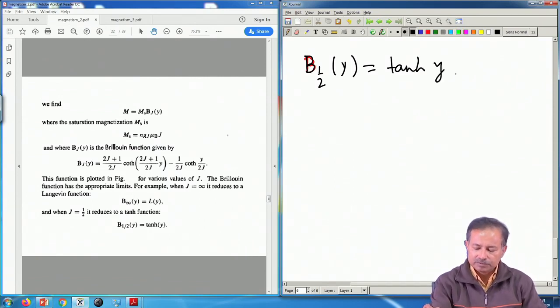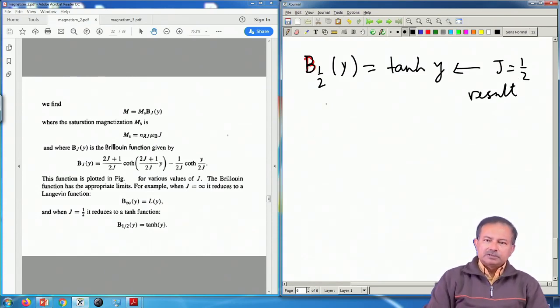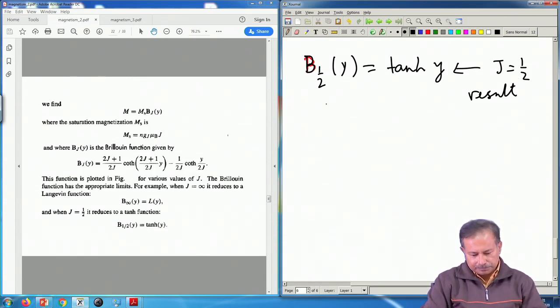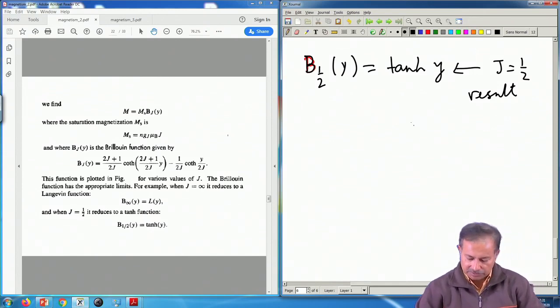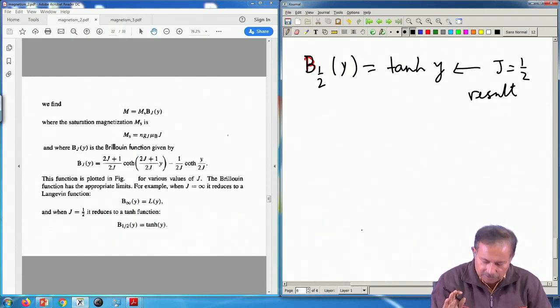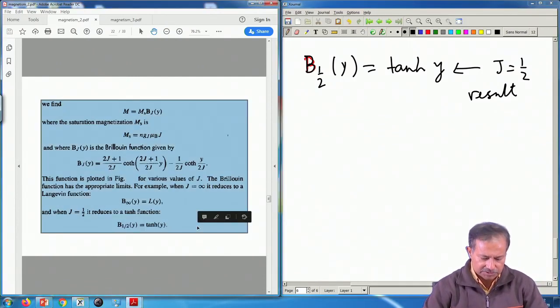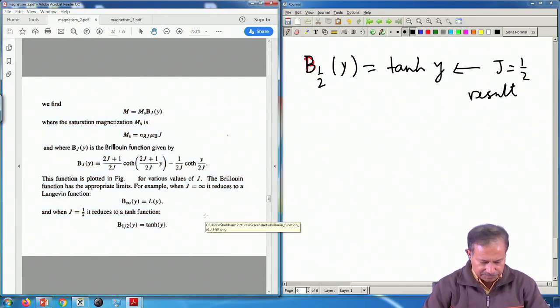So, this gives me back the result for j equal to half: m by ms equal to tanh y, and the y factor also becomes the same y factor that you got for the j equal to half system. So, everything falls in place, as it has to.